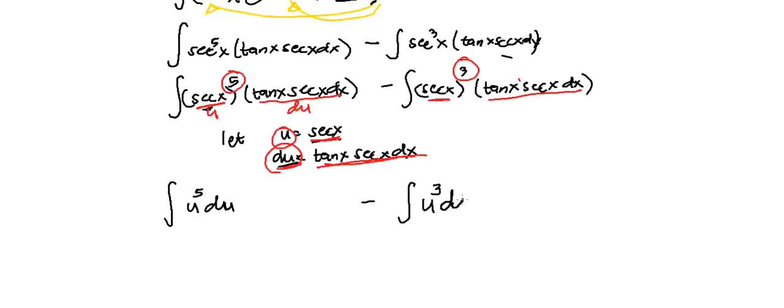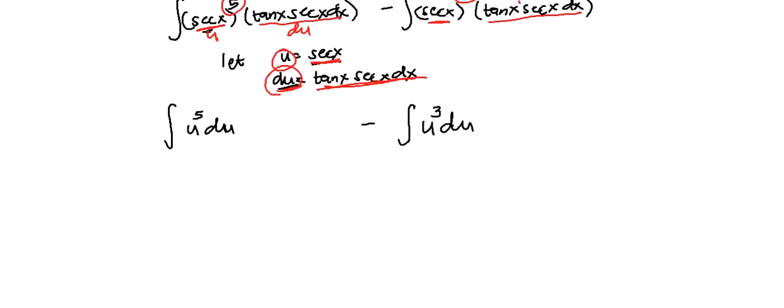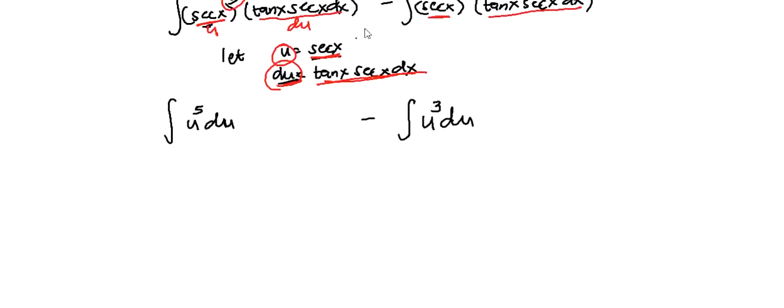That's why we have u raised to 3 du, and we can also apply our power rule to this. So by doing so, we have u raised to 5 plus 1 is 6 all over 6, then minus u raised to 3 plus 1, we have 4 all over 4, and then our plus c.